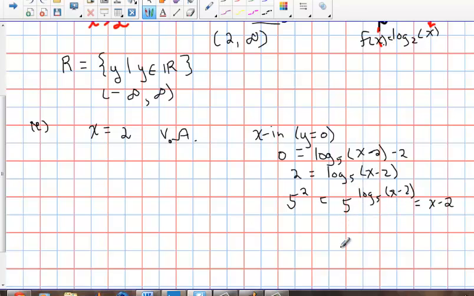And now we have x minus 2 is equal to 25, so x is equal to 27.